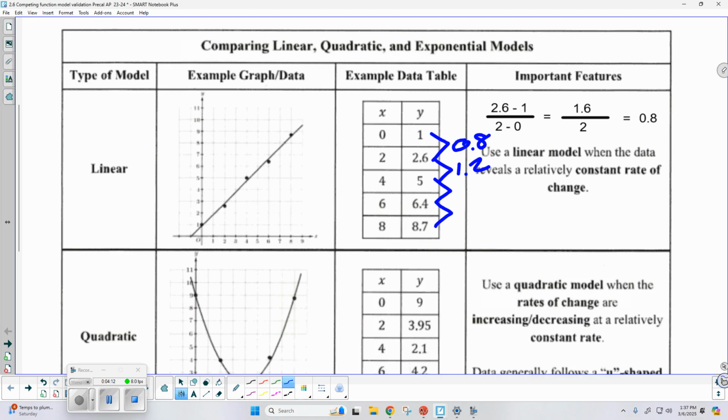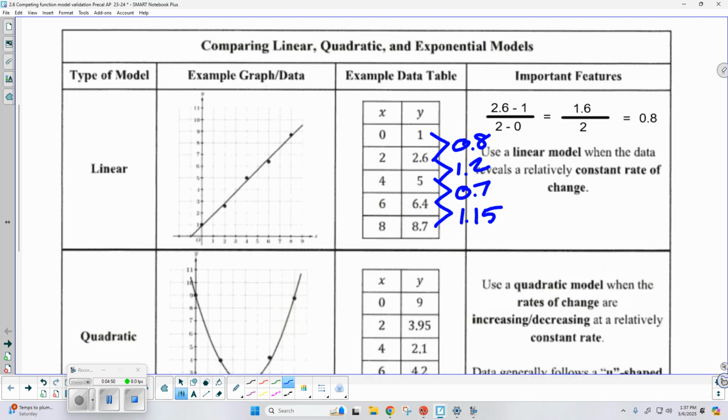Alexandra, do you have the next slope? 0.7. I got 0.7. Perfect. And Quinn, do you have that last one? 1.15. Perfect.